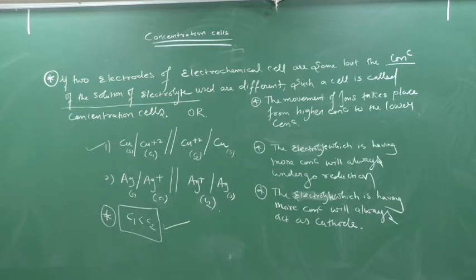Write down the next point. A concentration cell generates electrical energy by a transfer of substance, or ions, from higher concentration to that of a lower concentration.